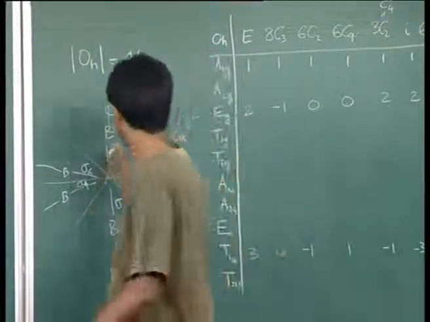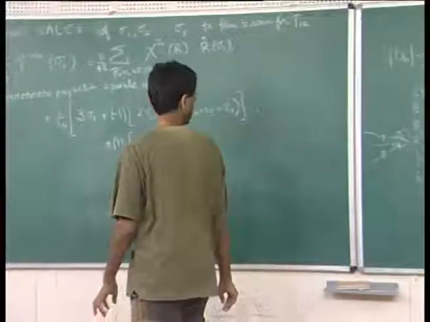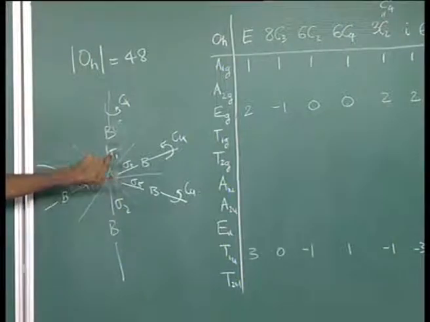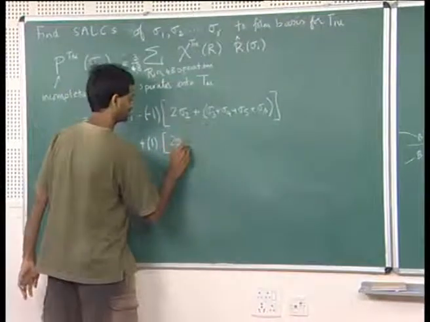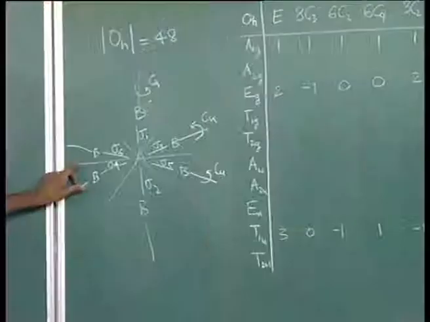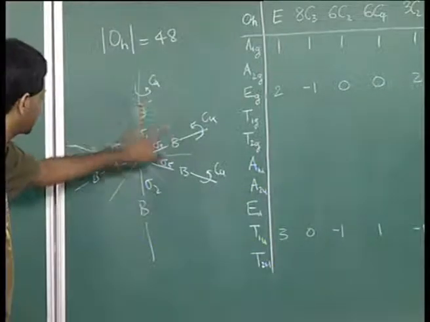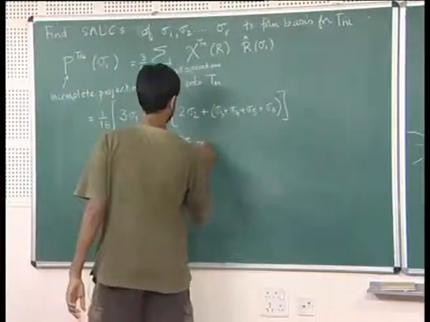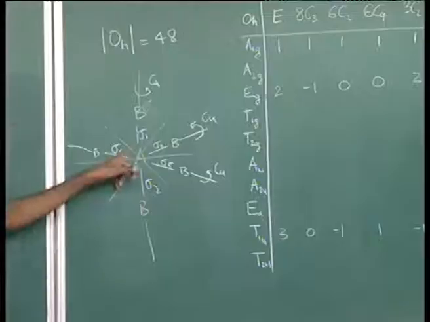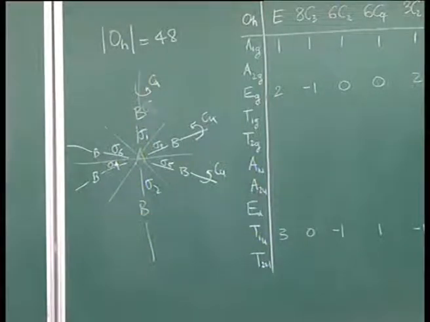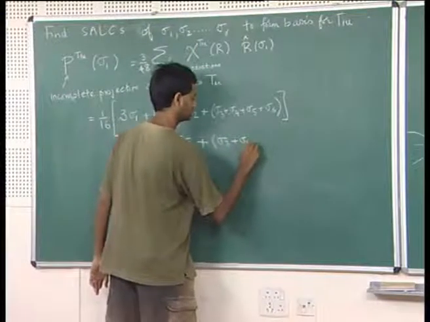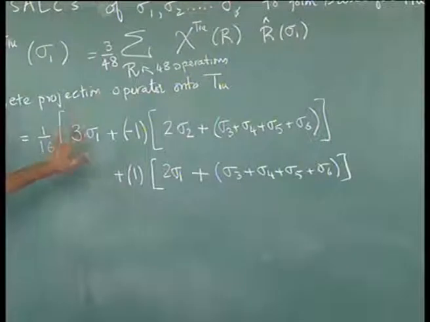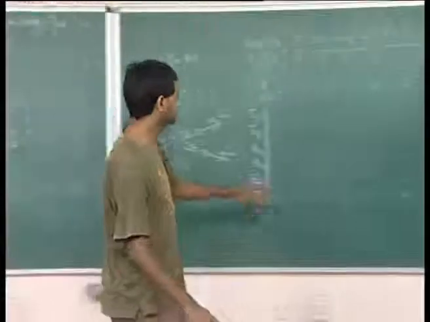So you have a C4 and a C4 cube corresponding to this axis, and both of them will leave sigma 1 as it is. So you have 2 sigma 1. The remaining C4s will take sigma 1 to one of sigma 3, sigma 5, sigma 4 and sigma 6. And no C4 operation will take sigma 1 to sigma 2. So that is as far as C4 goes.